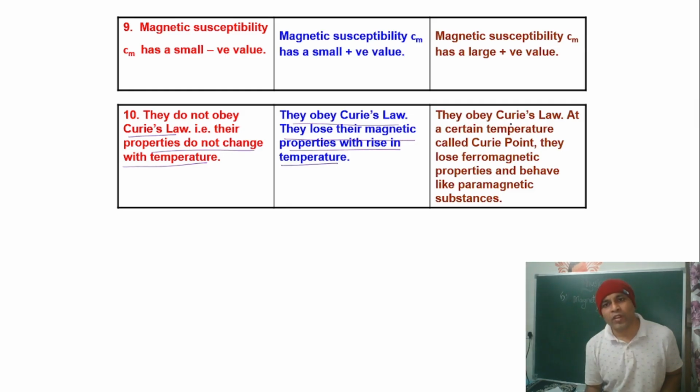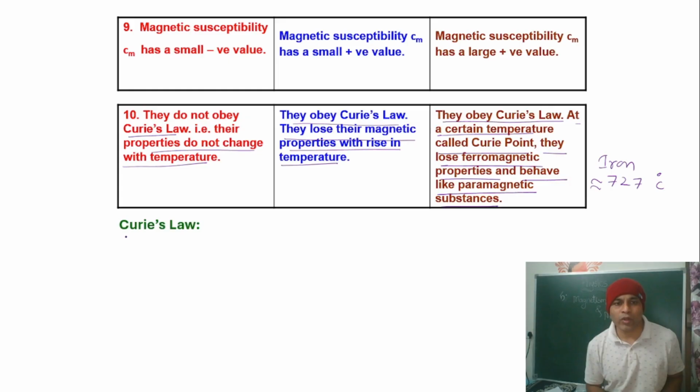Ferromagnetic materials also obey Curie law, but at a certain temperature, called the Curie point, they lose ferromagnetic properties and behave like paramagnetic substances. Iron loses its ferromagnetic behavior at around 727 degrees Celsius.